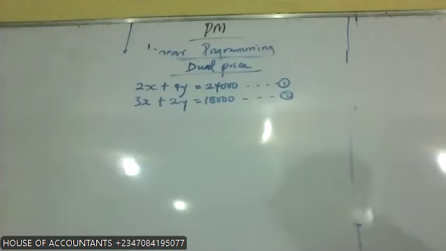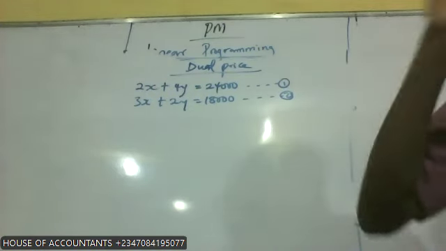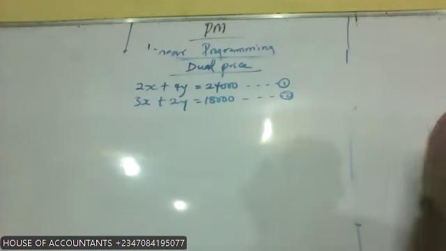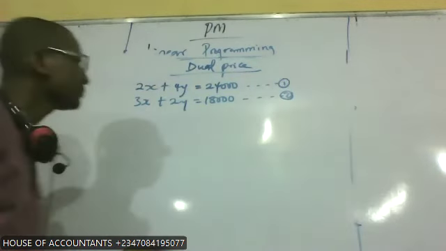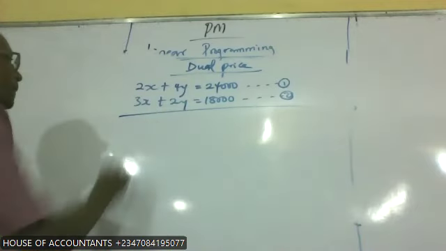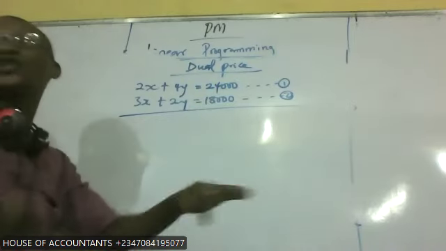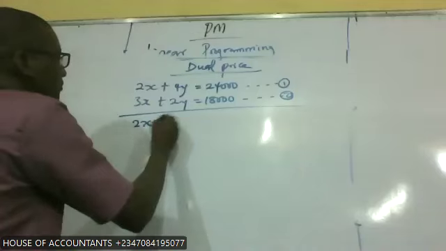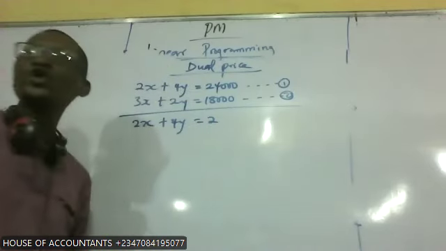Or with the 18,000 kg, what if you use just 1 kg more? That is the shadow price. We'll do equation 1 first, then equation 2 the same way. So 2x plus 4y equals, instead of 24,000, you add 1 to it.